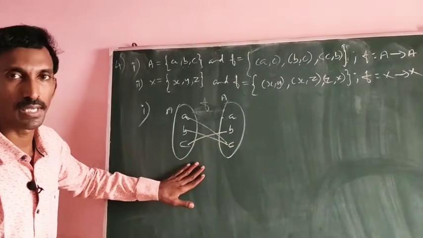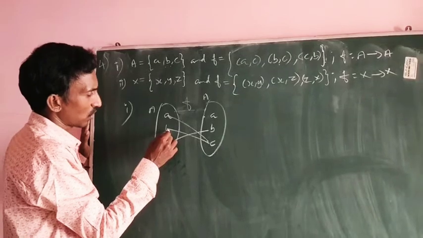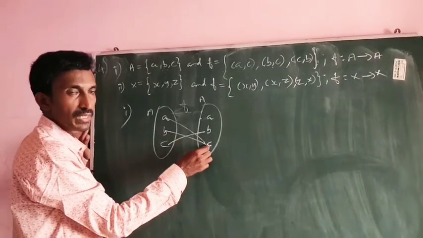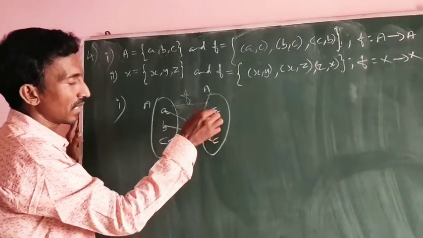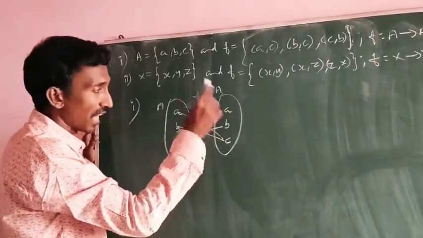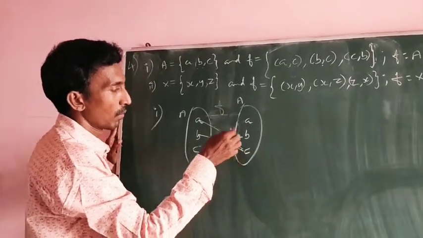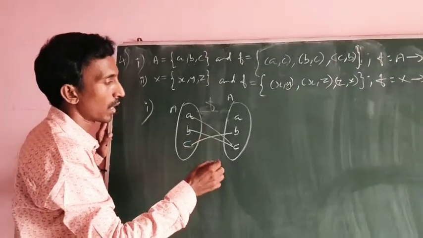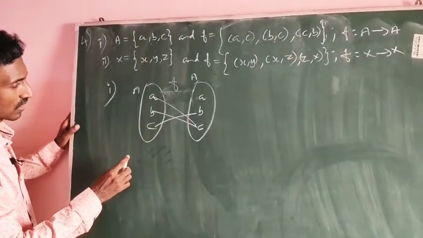Therefore, it is a function. But two different elements have the same image. Therefore, it is not one-to-one. And there is an element A in the codomain that has no pre-image. That's why it is not onto. It is a function, but neither one-to-one nor onto. So here we can write down the reason.